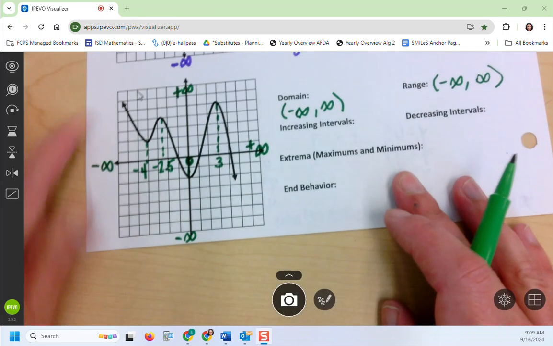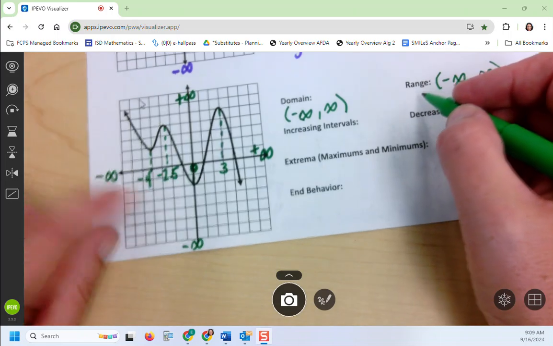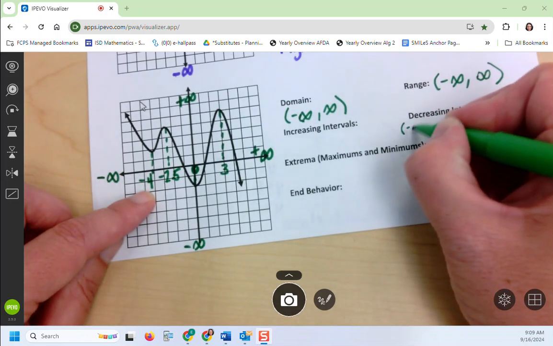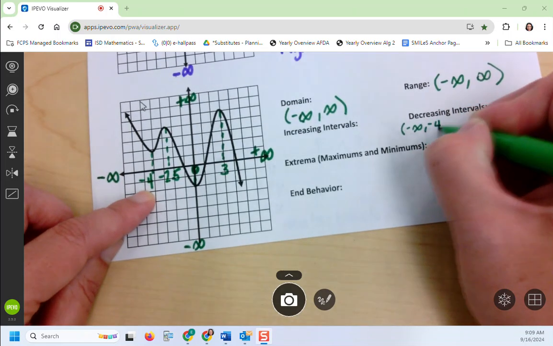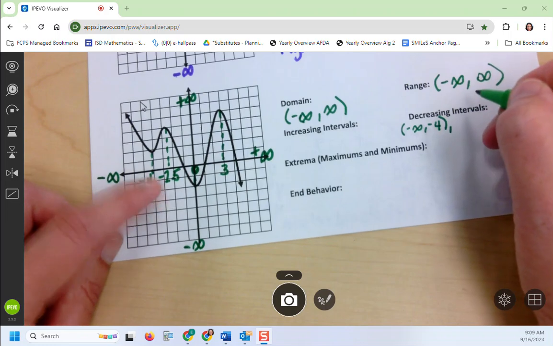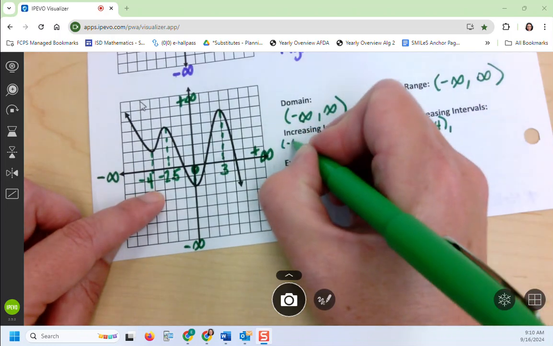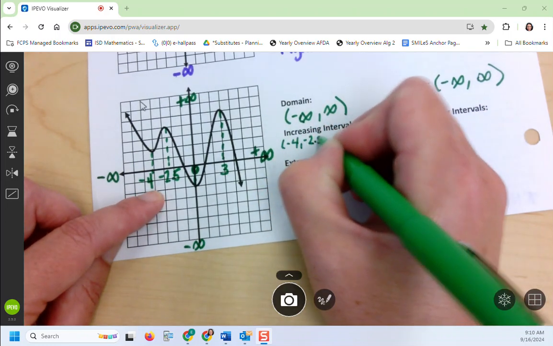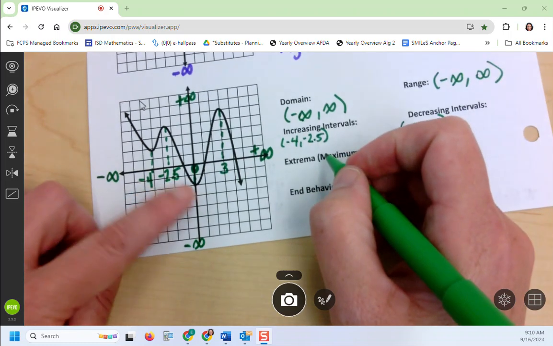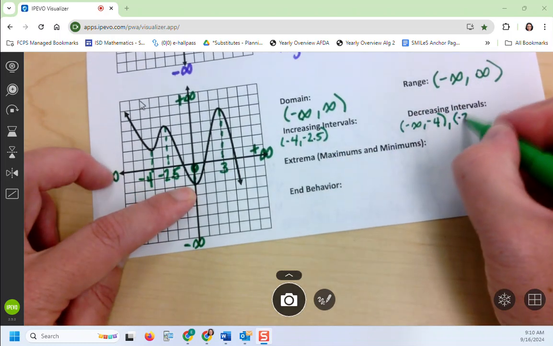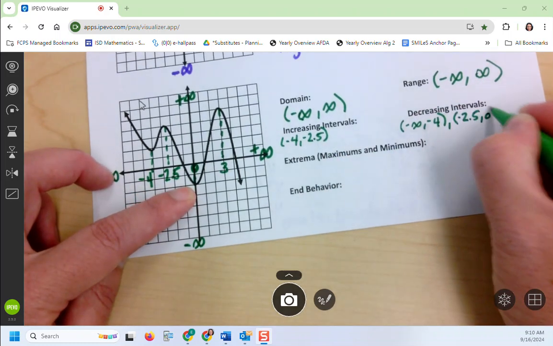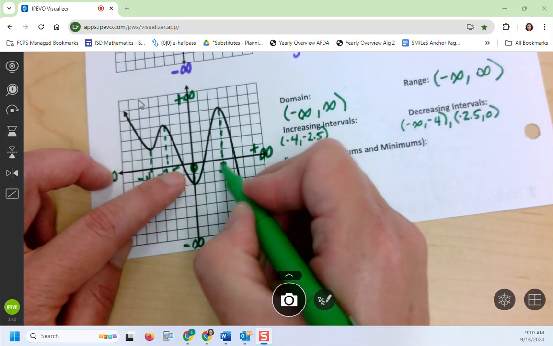So I'm looking at those x numbers for increasing and decreasing. Okay, so we start by decreasing. We're decreasing from negative infinity to -4. Then we're increasing -4 to -2.5. Decreasing -2.5 to 0. Increasing 0 to 3.